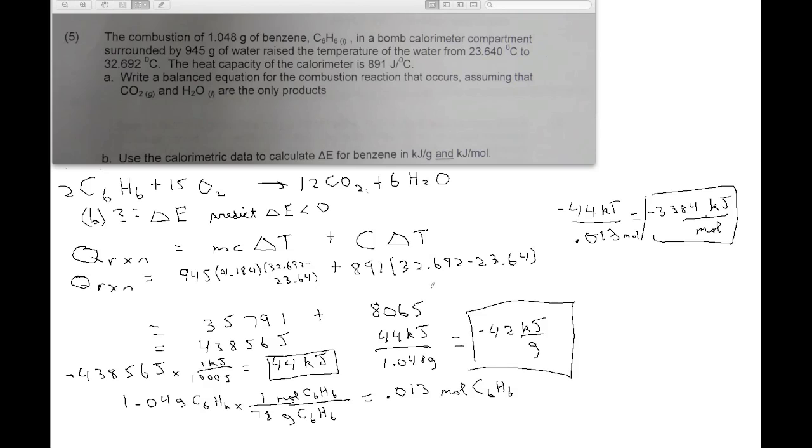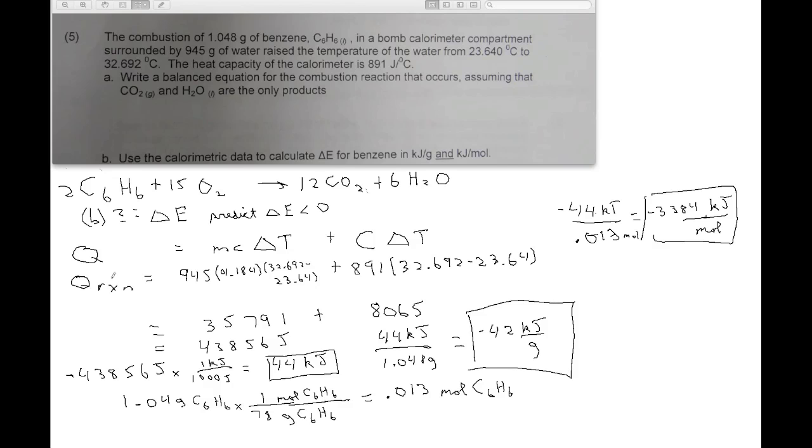Okay, so going back to this equation here, what does MC delta T plus C delta T tell you? Does that tell you Q for the reaction or Q for the whole calorimeter deal?